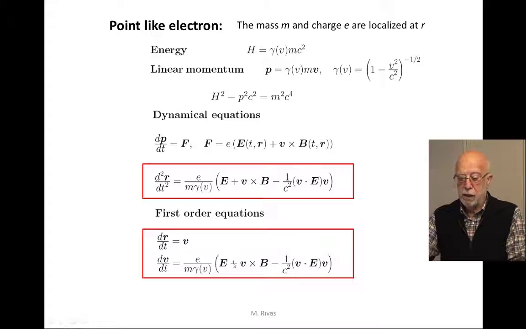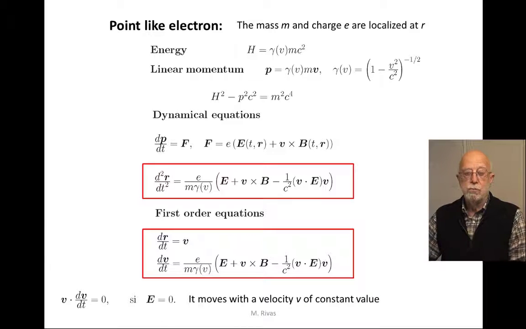So the scalar product of this equation vanishes, and therefore the absolute value of the velocity of the point particle remains constant along all the trajectory. Because if v is constant, energy is always constant, and the absolute value of the linear momentum is constant. So there is no energy transfer from a magnetic field to a spinless point particle.